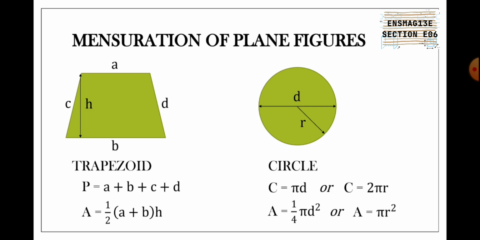Since also your d, or the diameter, is twice your radius, we can also solve the circumference by using 2 pi r, or twice the radius times pi. For its area, using your diameter, we have 1/4 pi d squared. If we are to use the radius, the area is equal to pi r squared.